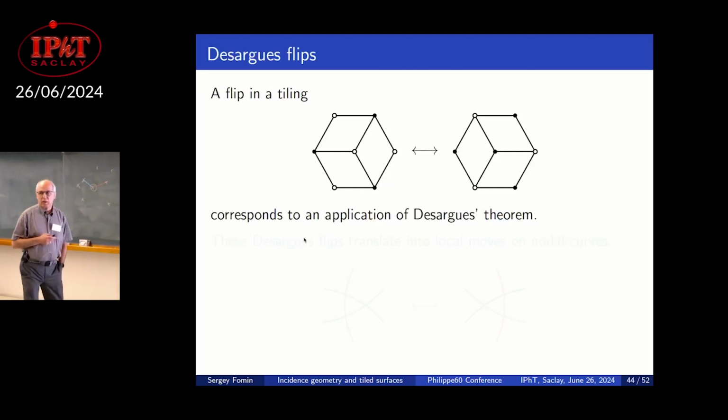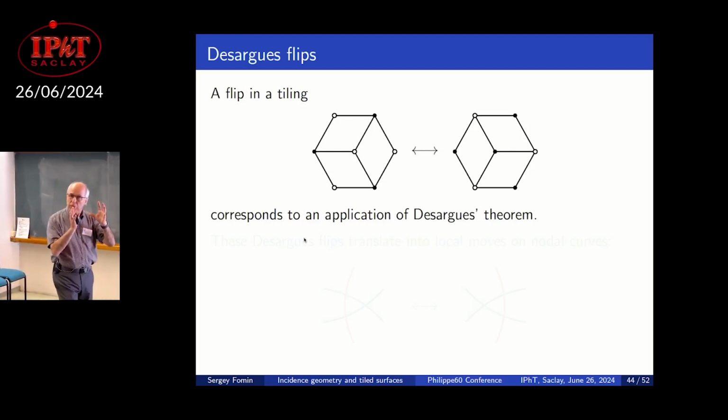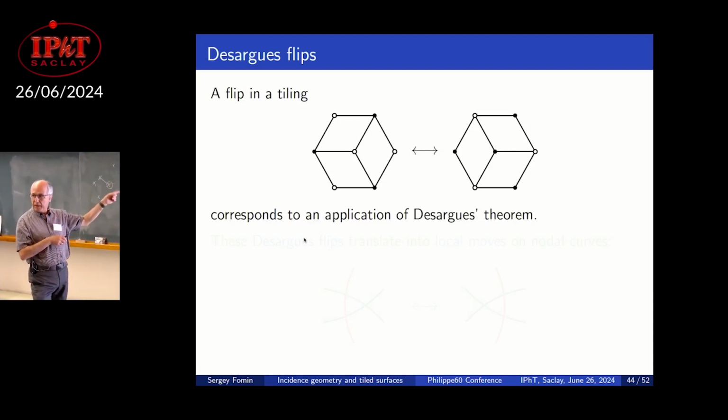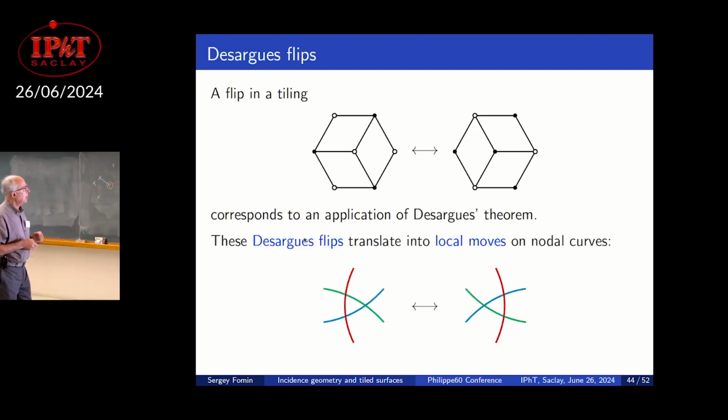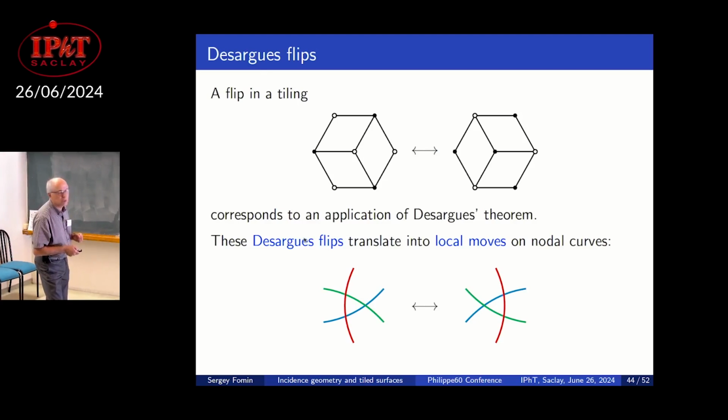Now remember, a cube corresponds to Desargues, and a flip is like gluing in a cube. But in the language of these curves, this kind of flip becomes a Reidemeister move.